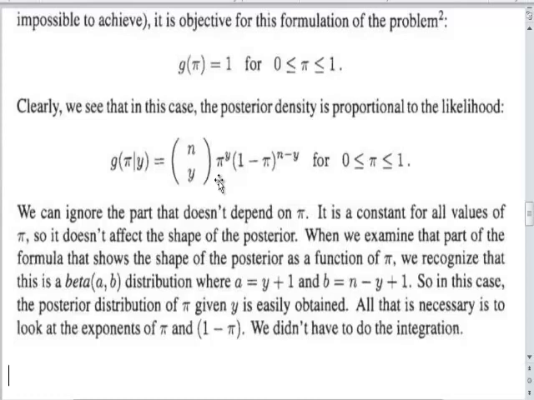But now y is a fixed number, the observation 8 here, and we think of this as a function of p. Different values of p give different values of probability for what you actually saw, which was 8. N is 17 and you have 8 wins. So you put n at 17, y at 8, and you have 17 choose 8, pi to the 8, 1 minus pi to the 17 minus 8, which is 9.